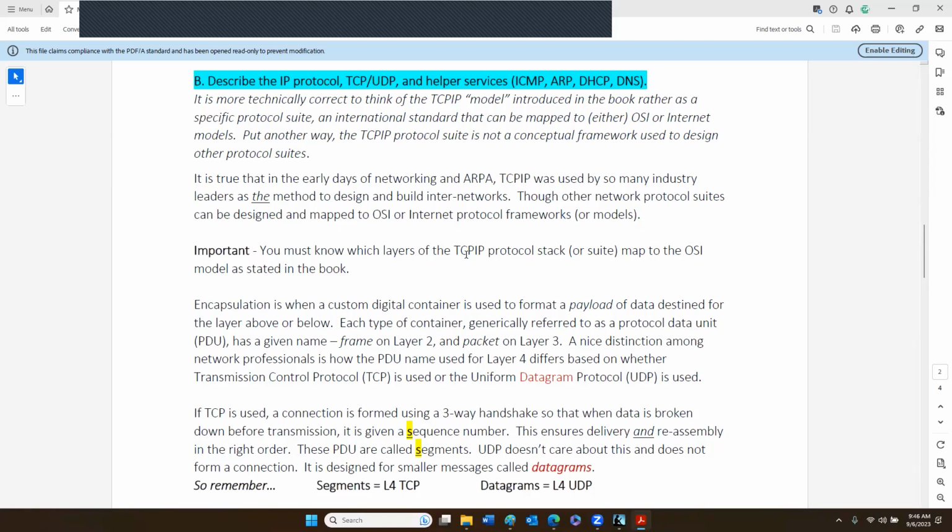We're calling that out a little differently than the author. It's a protocol suite. And in the early days of the internet, because we can't go back in time and we're not rolling the clock back 30, 40 years, we're not referring to TCP/IP as a model, even though some do.